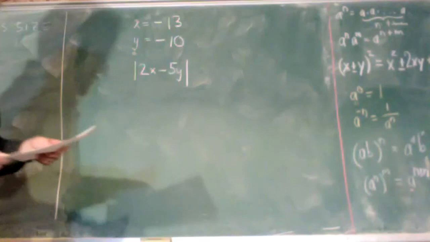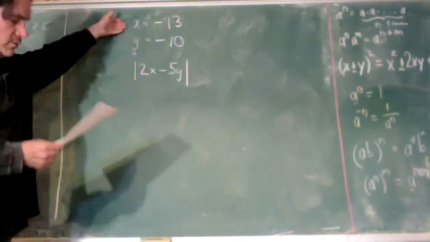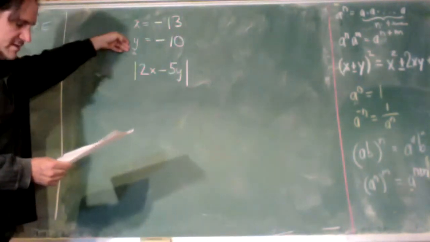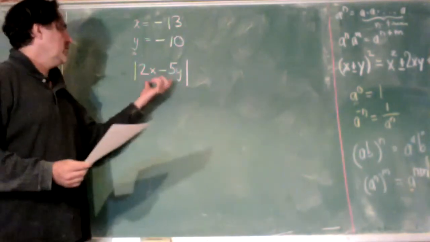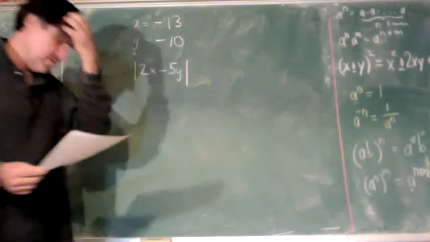Problem 14 asks us to let x equal -13, y equal -10, and evaluate the expression, the absolute value of the quantity 2x minus 5y.